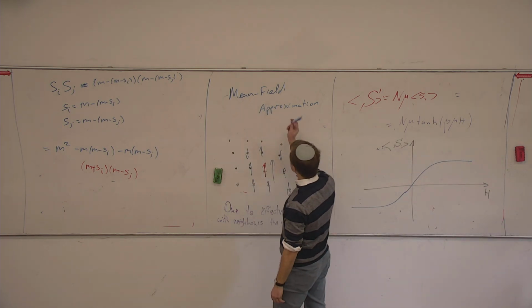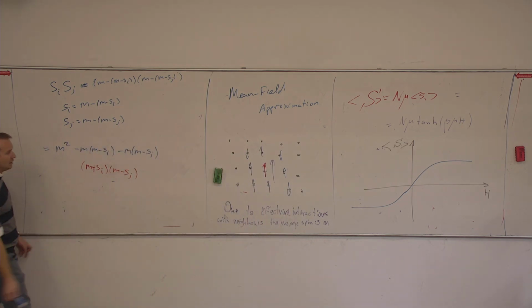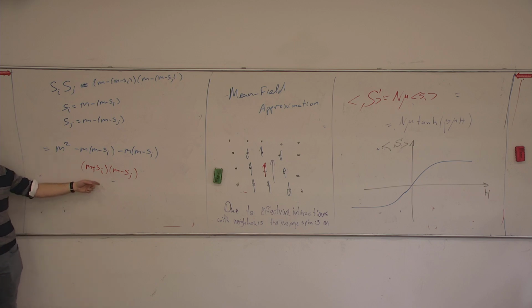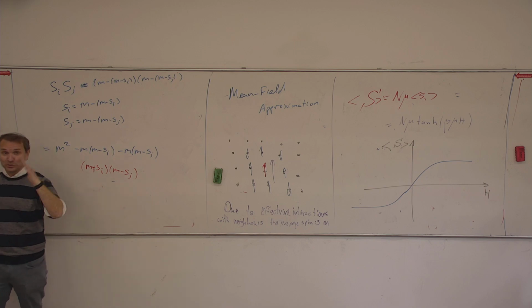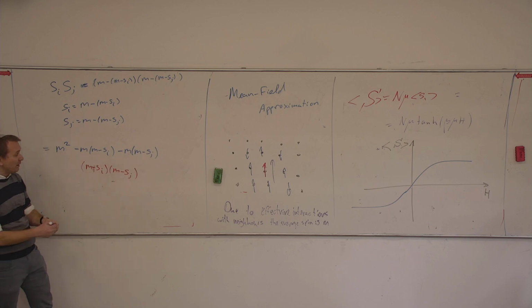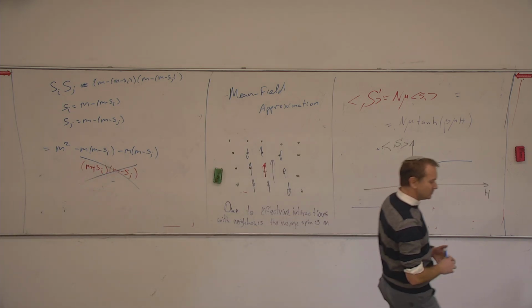So, mean field approximation. Now, we have this term, which is good. There also are some fluctuations, and we neglect this guy. Because we're saying, well, on average, it's almost always M. There are some small fluctuations. So this is the first order. This is the second order. Let's forget about the second order. Okay? Why not? Right?